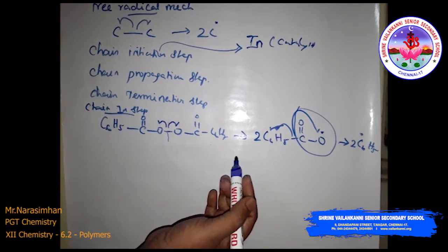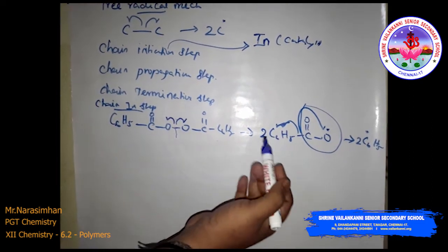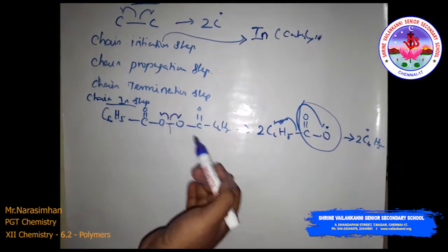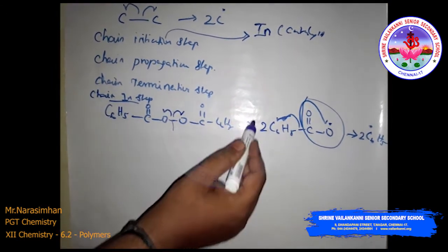The process starts with the addition of the phenyl free radical to the ethene double bond, thus generating a new, larger free radical. This step is called the chain initiation step.